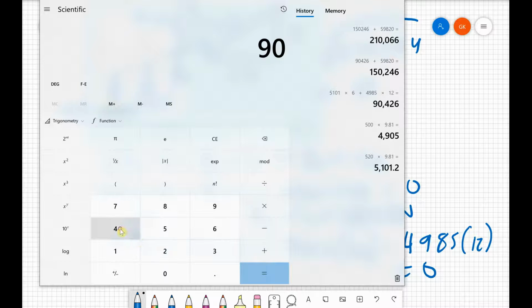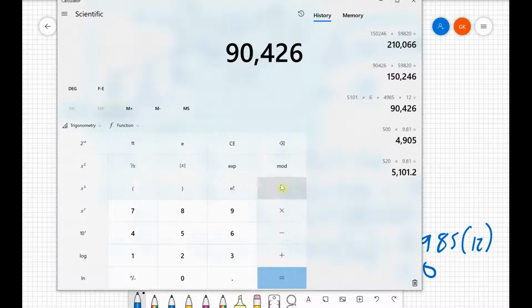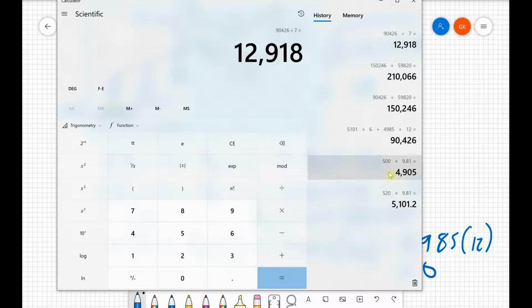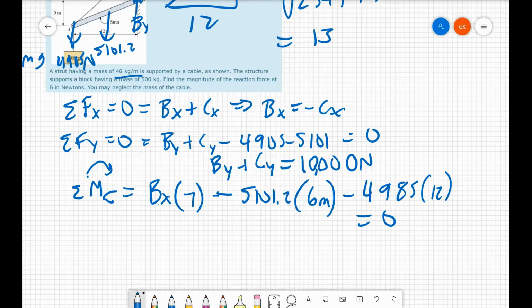That's 90,426. And then we divide that by 7. That comes to 12,918.